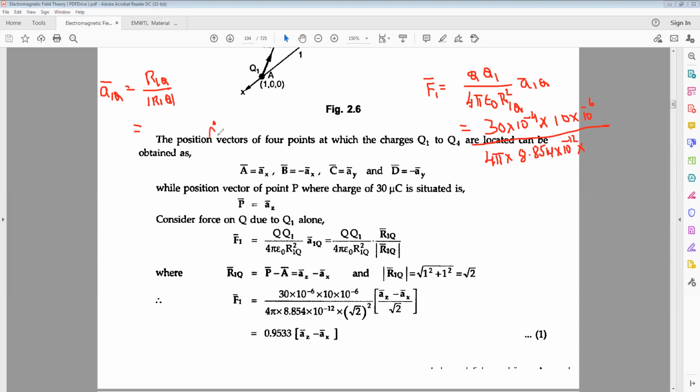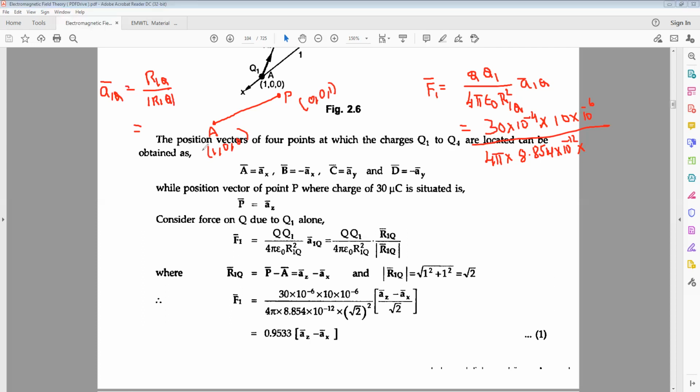Assuming point A here, and the point P. At P, we have only the terms 0, 0, 1. And at A, the point is 1, 0, 0. So now we can take P to A.